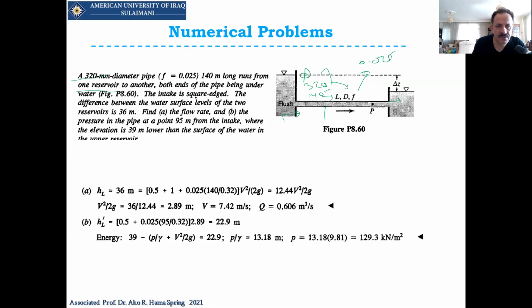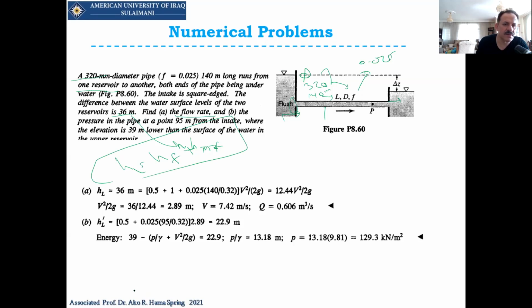The intake is square-ended, and the difference between the water surface levels at the two reservoirs is 36 meters. This means the total head loss, which is the minor plus the friction head loss, is 36 meters. So find the flow rate.